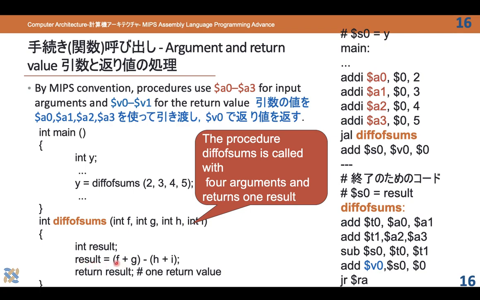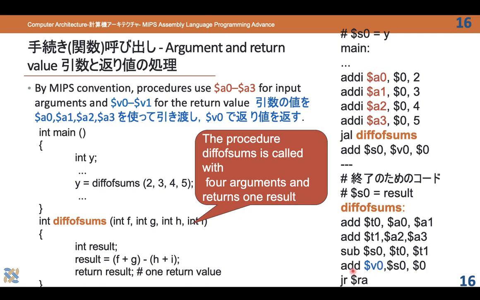Okay, so the parameters first add, so f plus g, here you just add a1 and a0 and use the temporary register t0, and add a2 and a3 with the temporary register t1, and the subtraction, this subtraction here, is s0.